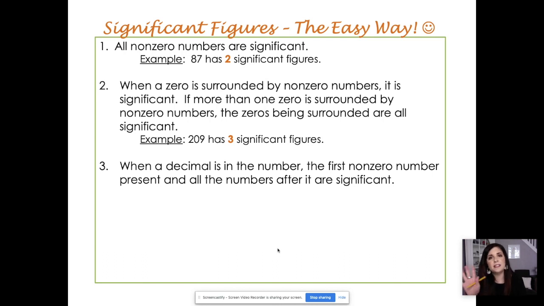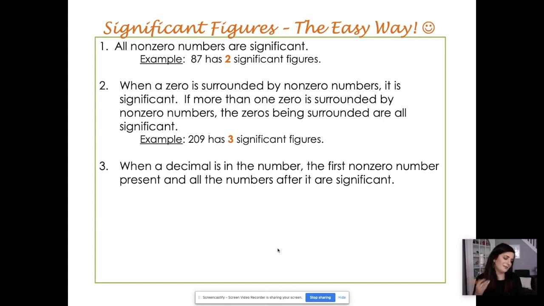Here's the one that tends to get a little iffy with students, but I have a little trick that I think might help. When a decimal is in the number, the first non-zero number present and all the numbers after it are significant. So when you have a measurement that contains a decimal point, you have to look at where your first number that's not a 0 is.